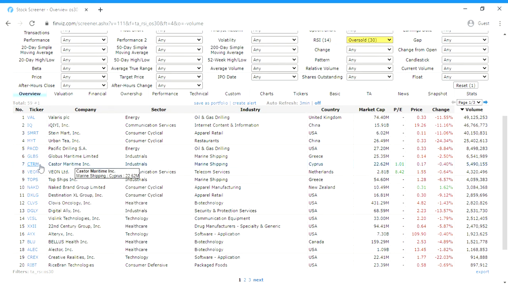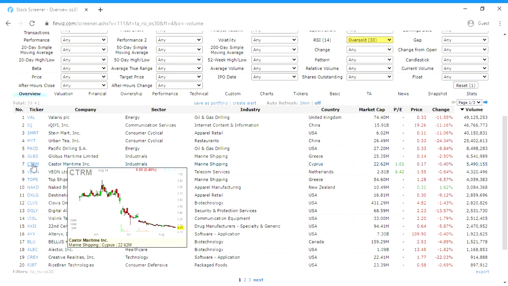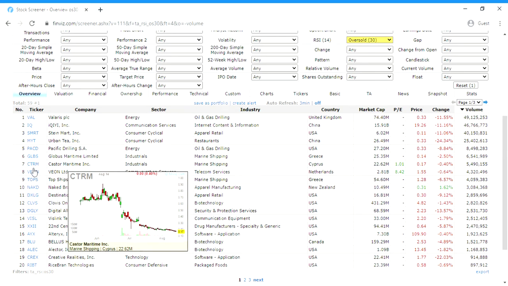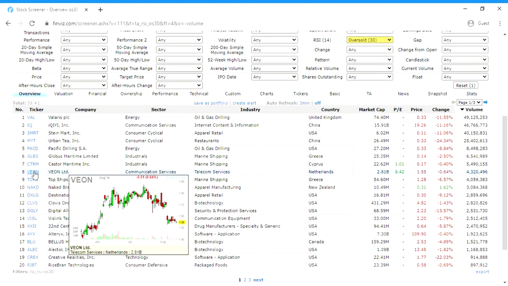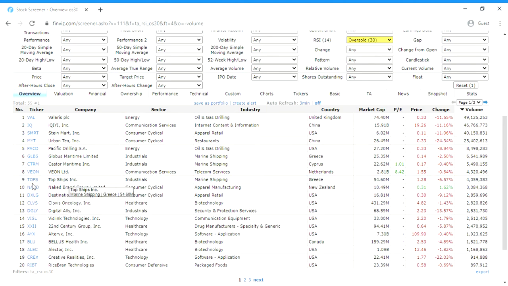Let's find another example here. This one's still more, I mean, it's tightening up, but it's still on that descending motion. So let's look for something else.